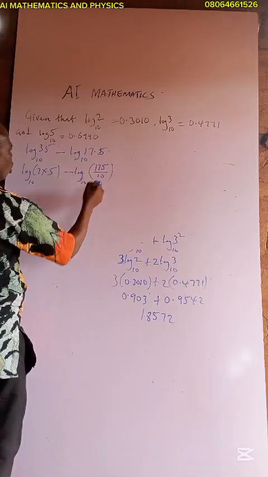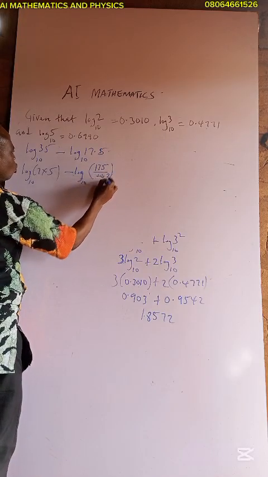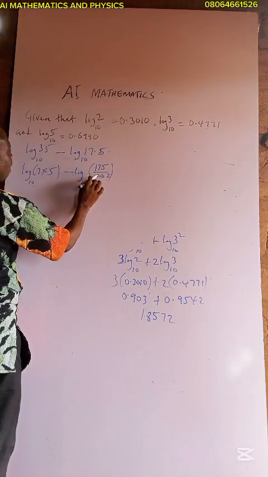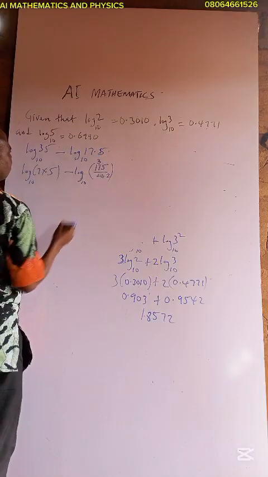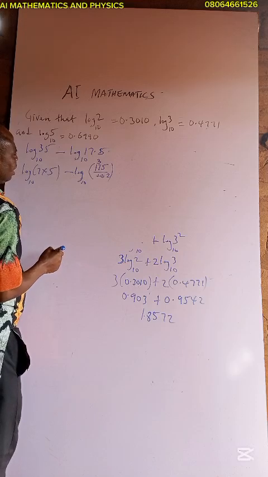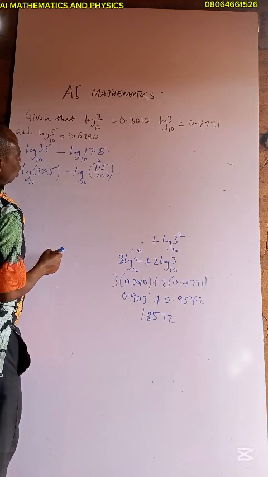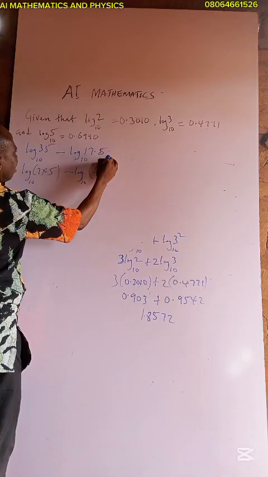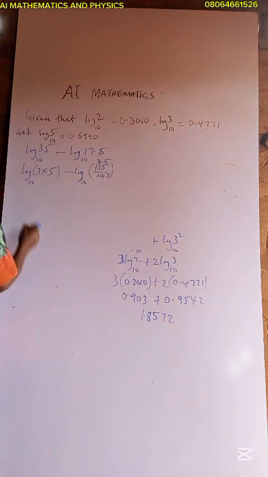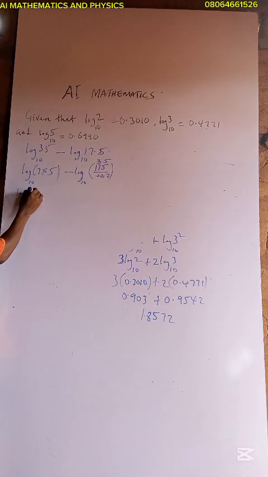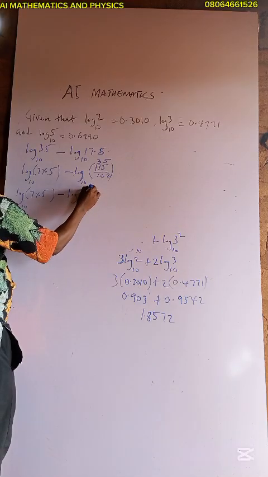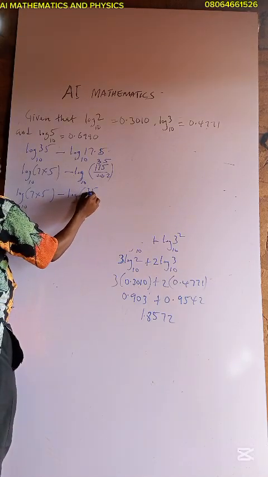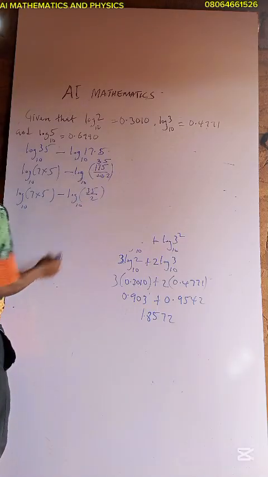Dividing by 5 gives 35 over 2. Which means log 7 times 5 base 10 minus log 35 over 2 base 10.